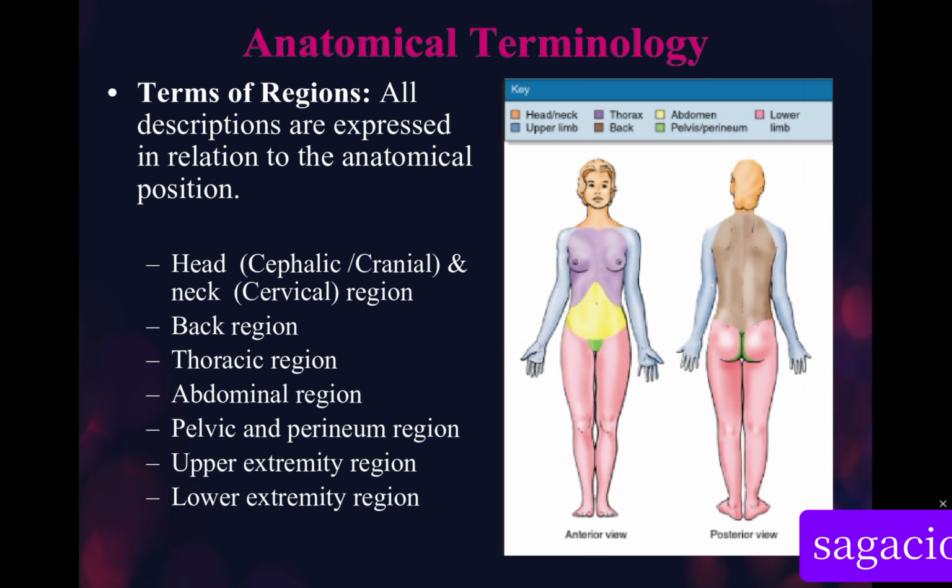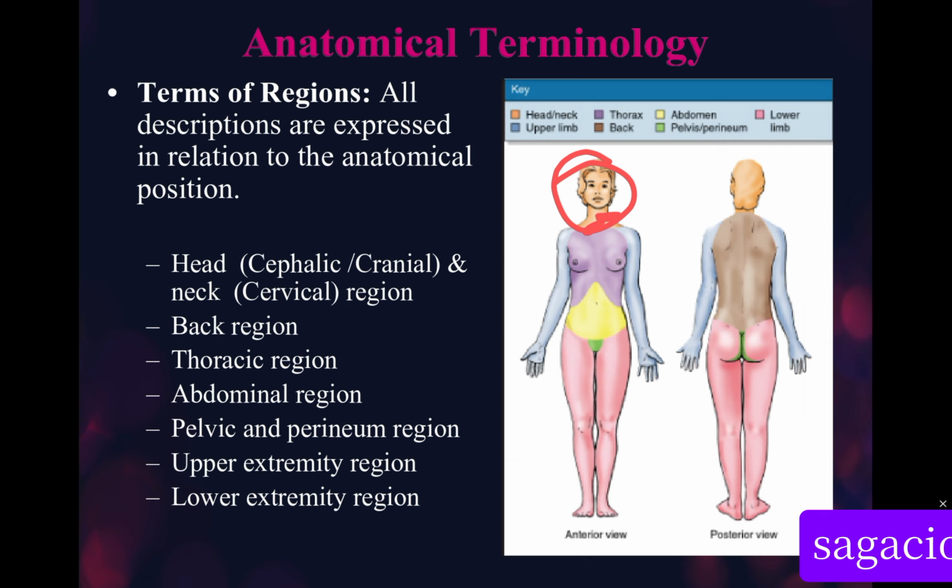The head is this, and the neck is this under it. So the head is cephalic. When I say cephalic, we are talking about anything that is close to the head, or cranial. So we have something that protects the brain. Cranial. They are mostly found at the head.